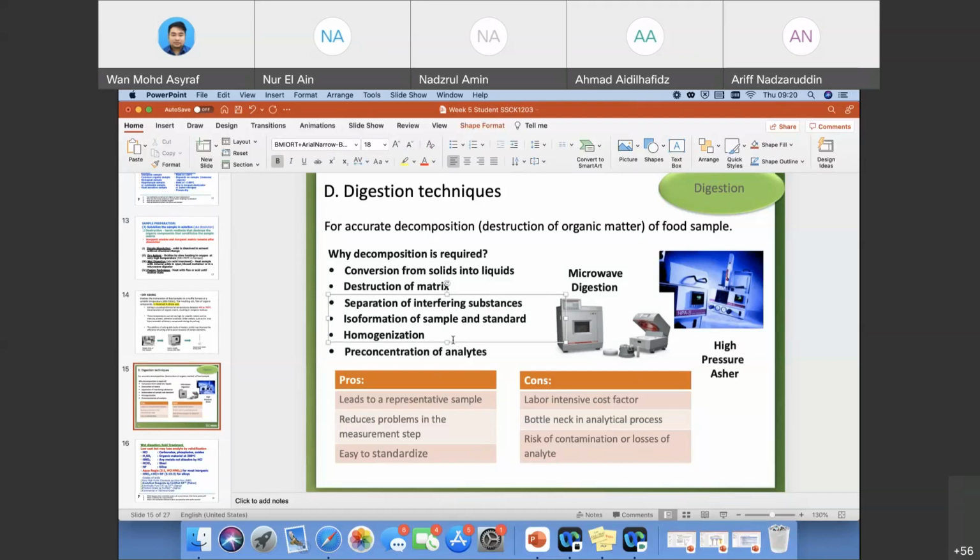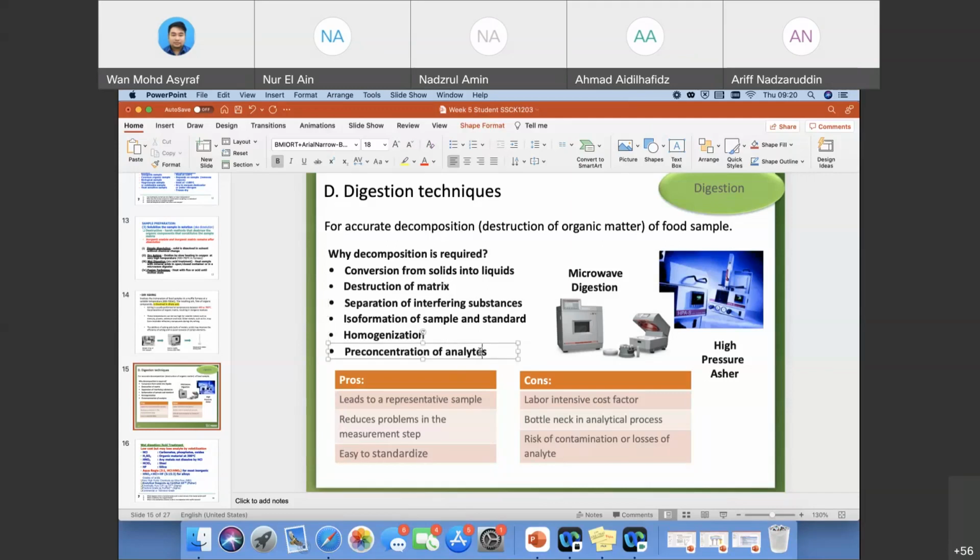And we also want it to be homogenized. That's what I meant when we want a clear liquid that is homogenized. Homogenized means it is only the inorganic analytes and the acids in which we have dissolved it.